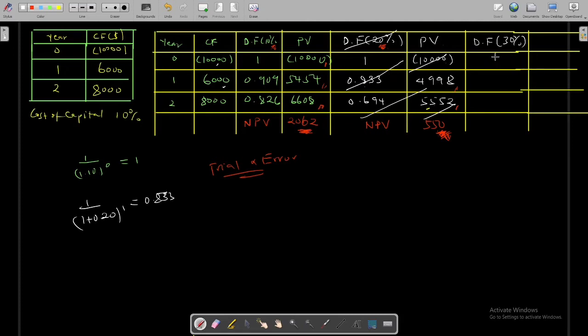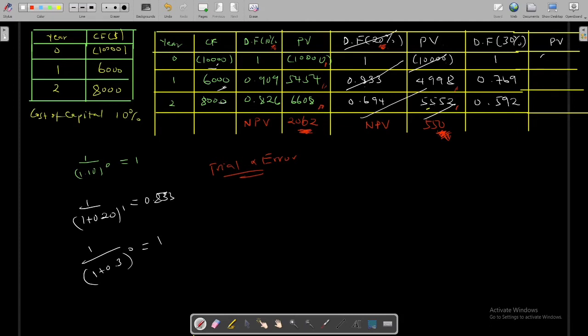At 30%, we are going to have 1 here, because the discount factor 1 over 1 plus 0.30 exponent 0 will give you 1. 1 over 1.30 exponent 1 will give us 0.769, and for year 2 we are going to have 0.592.